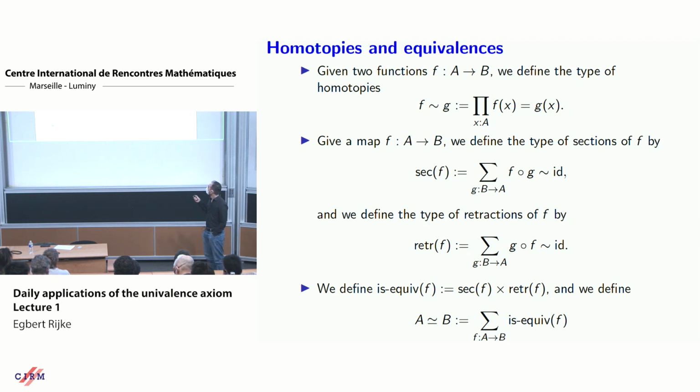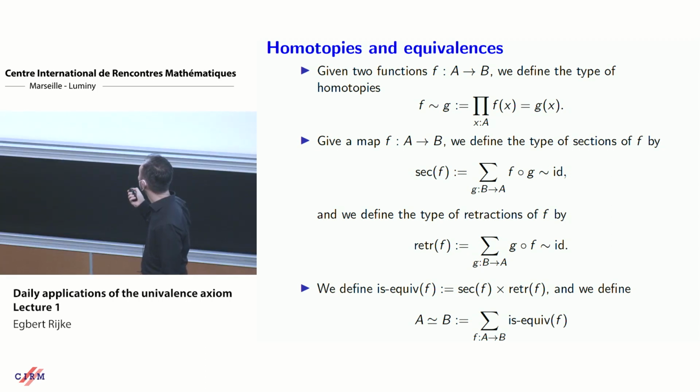Okay, so we want to concatenate them. How do you do that? So you make your type family over an arbitrary path again. The type family here says, we want the functions from identifications from Y to Z to identifications from X to Z. And to prove that there is such a function for every Y and P, by the J rule, you only have to do it for Y equals X and P is Refl.